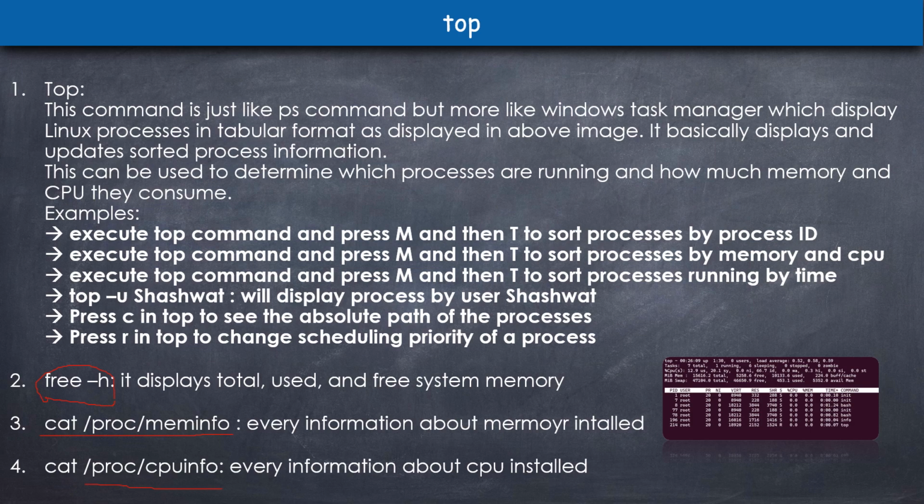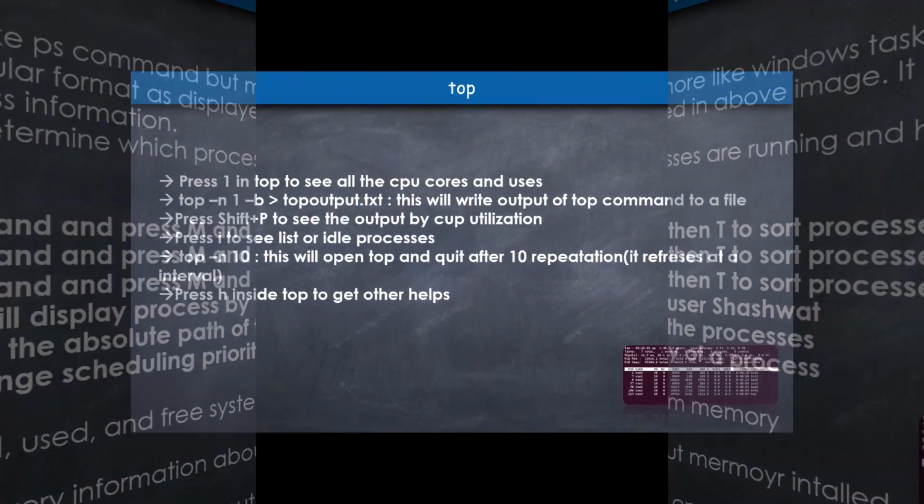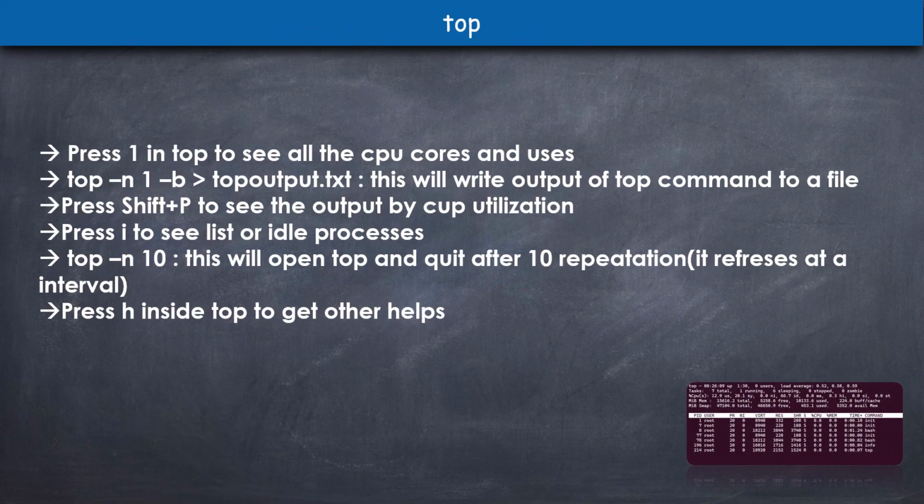Let's continue, there are a few other options in the top command. Once you have this interface, you can press 1 to see all the CPU cores and users. This will change and show you all the CPU cores.